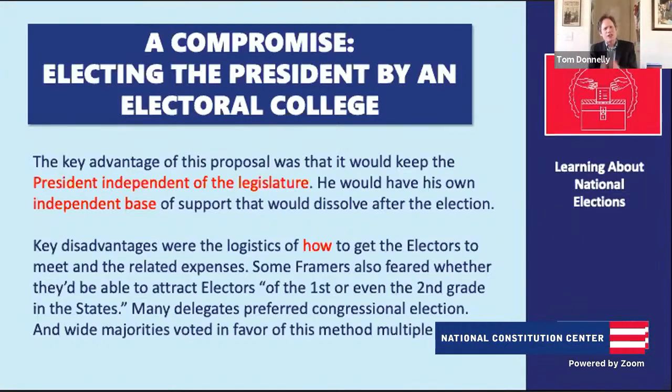And newspapers are still in their infancy. So if you're in a big city, maybe you'd have a newspaper, but in a lot of other places, you just wouldn't have access to national news. So insofar as you were a delegate at the founding like George Mason, who thought it was a function of a lack of information more than anything why we need an electoral college, then you're right.